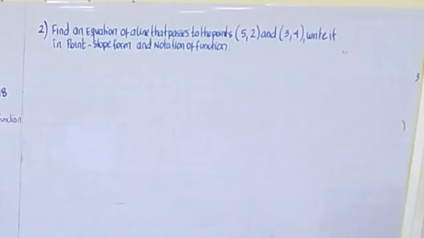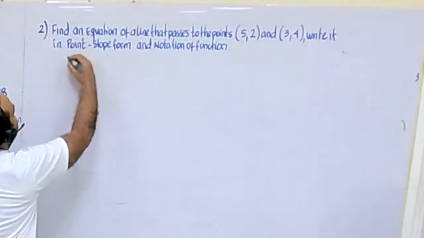So if we don't find the value of the slope of the line, those formulas will be useless. For that reason, step number 1, the first thing that we have to do in this situation, is find the slope of the line. What is the formula for the slope of the line?